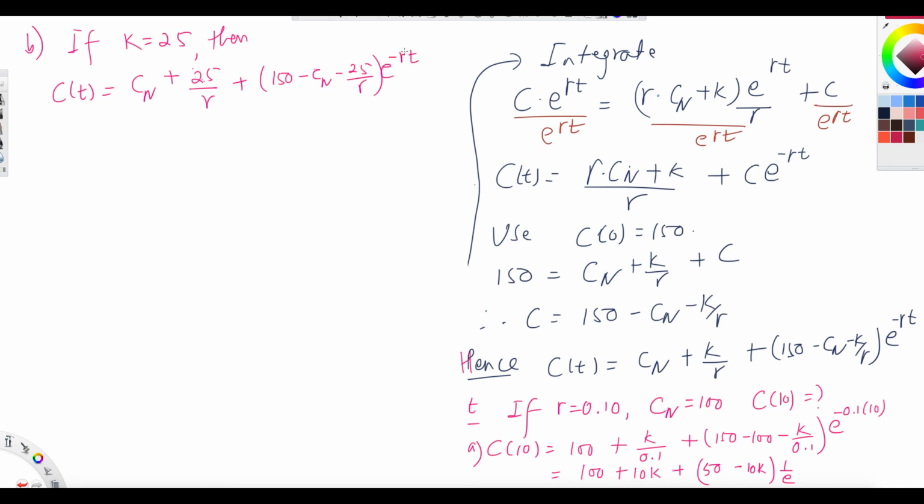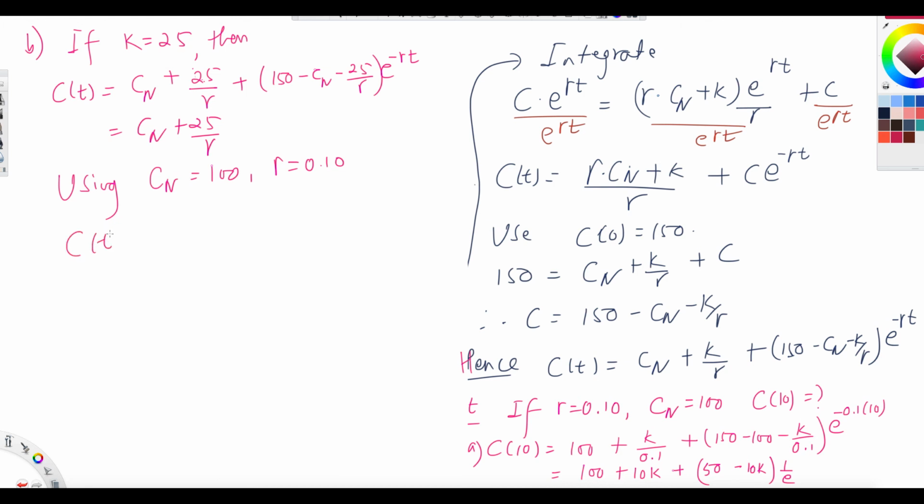When t tends to infinity, what happens? This whole thing will go to 0. That means you get Cn plus 25 over r. Now, using the values from part A, Cn equals 100, the natural cholesterol level, and r equals 0.10, what do you get?